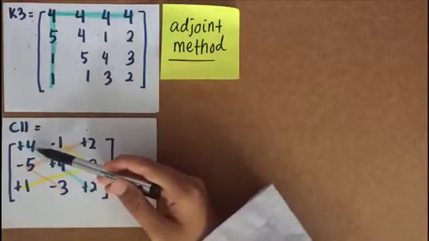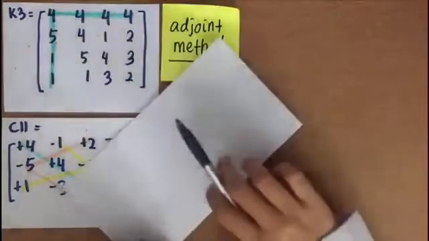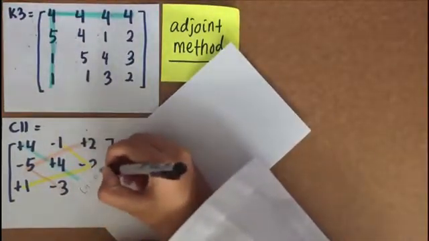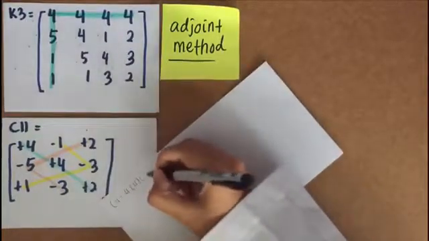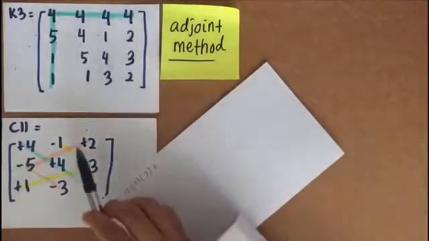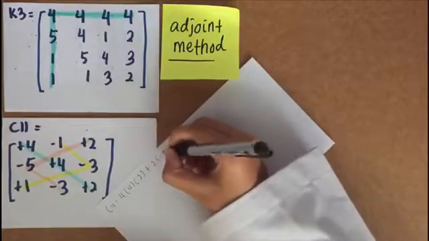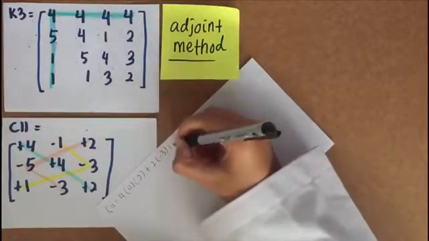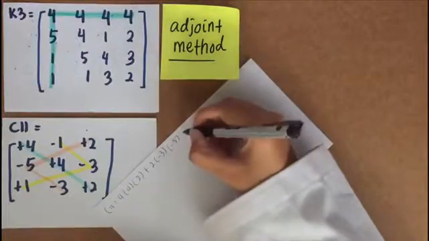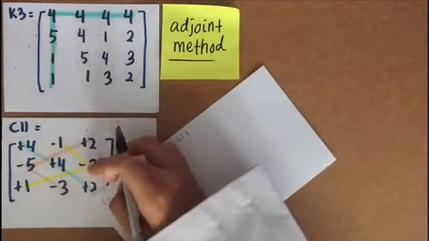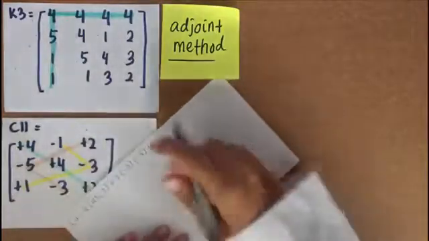the green color 4 4 2. We have to multiply each other, which is 4 times 4 times 2, plus 2 times negative 3 times negative 5, then plus negative 1 times negative 3 times 1.